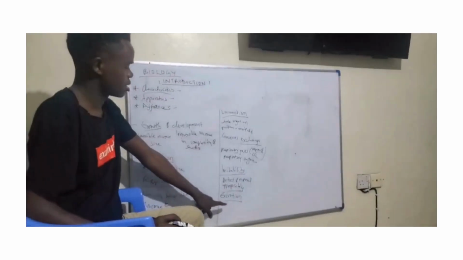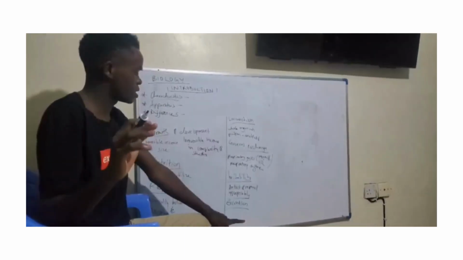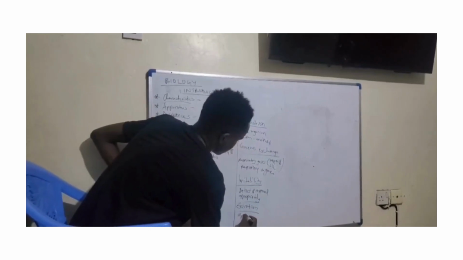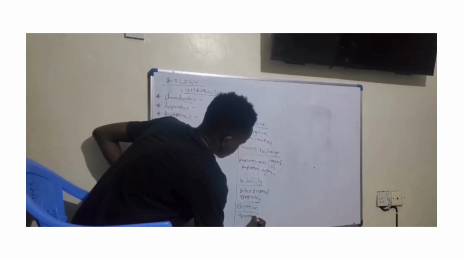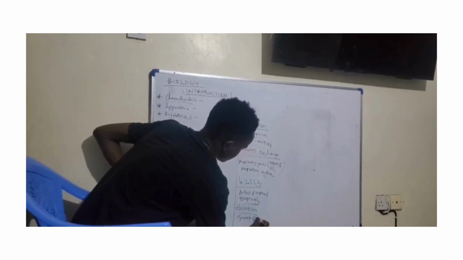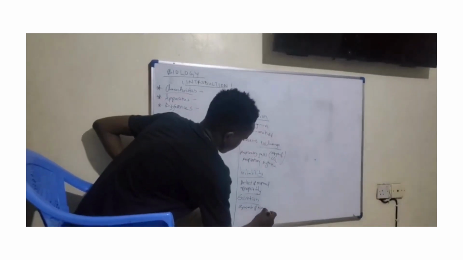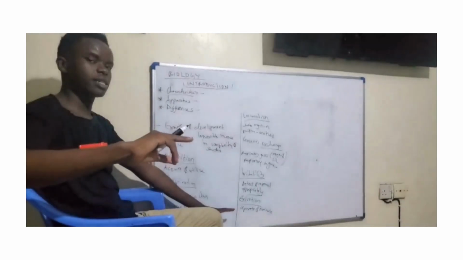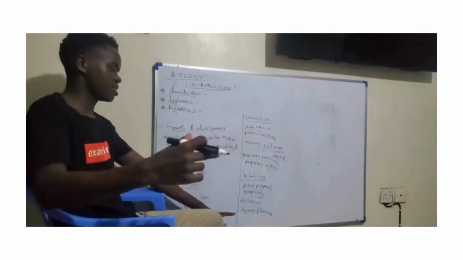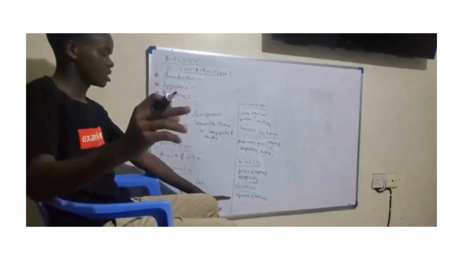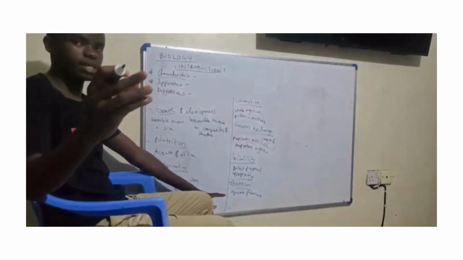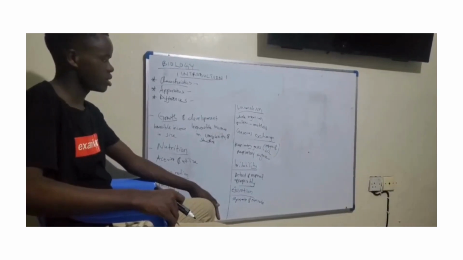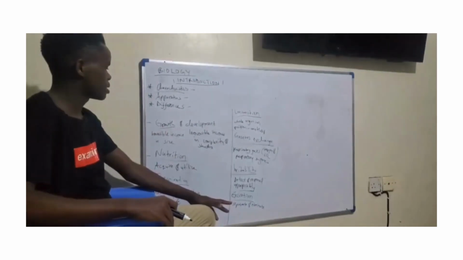Excretion is the process by which living organisms first separate, then eliminate unwanted substances from their body metabolism. That's it about excretion. We are done with the characteristics.